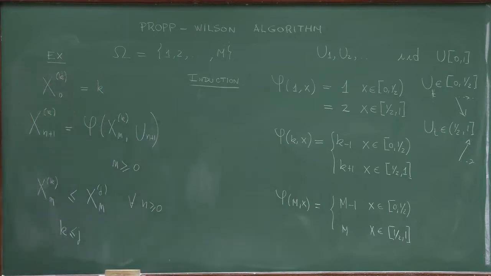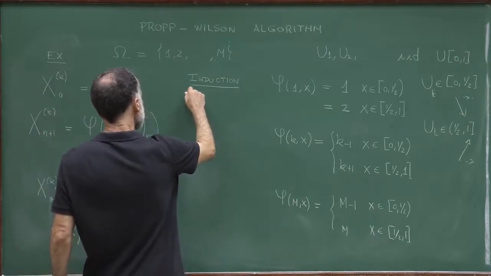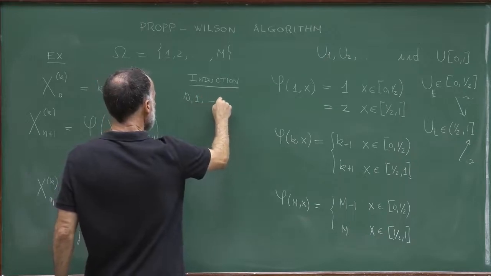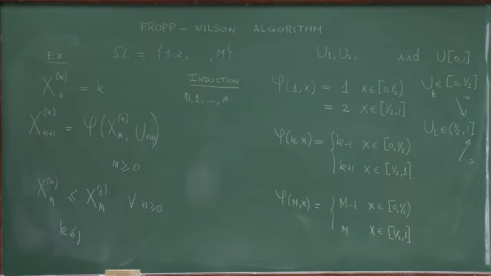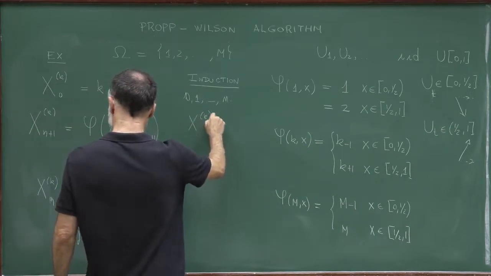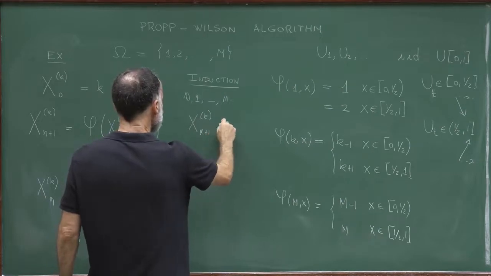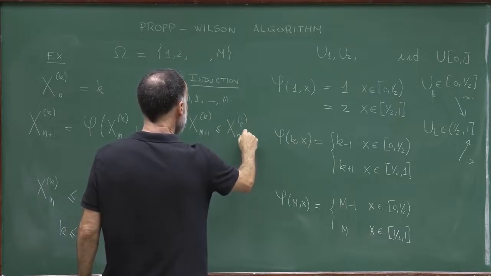Now, it's true for n equal to 0, because for n equal to 0, x^k_0 is equal to k, x^j_0 is equal to j. Now assume that it holds for 0, 1 up to n, and we want to prove it for n plus 1. So I want to prove that x^k_{n+1} is less or equal than x^j_{n+1}.